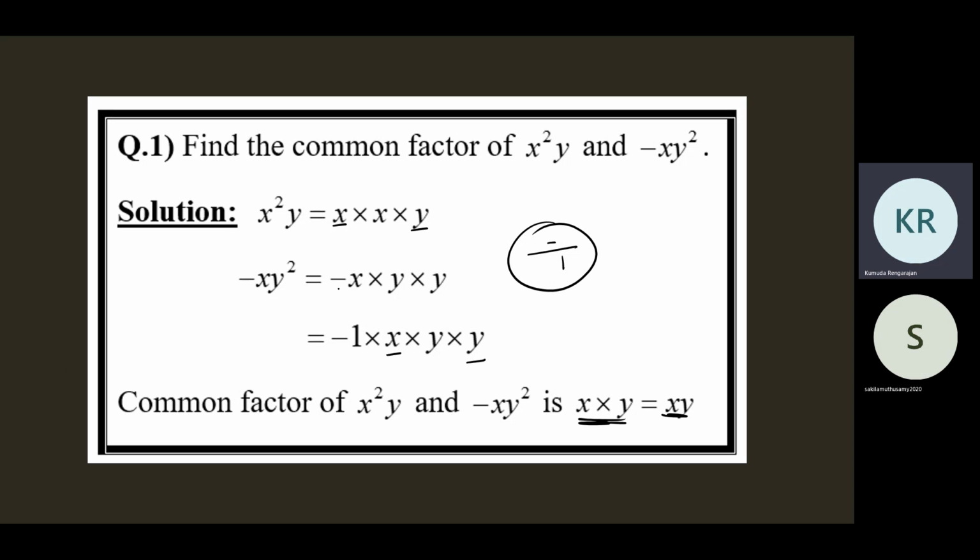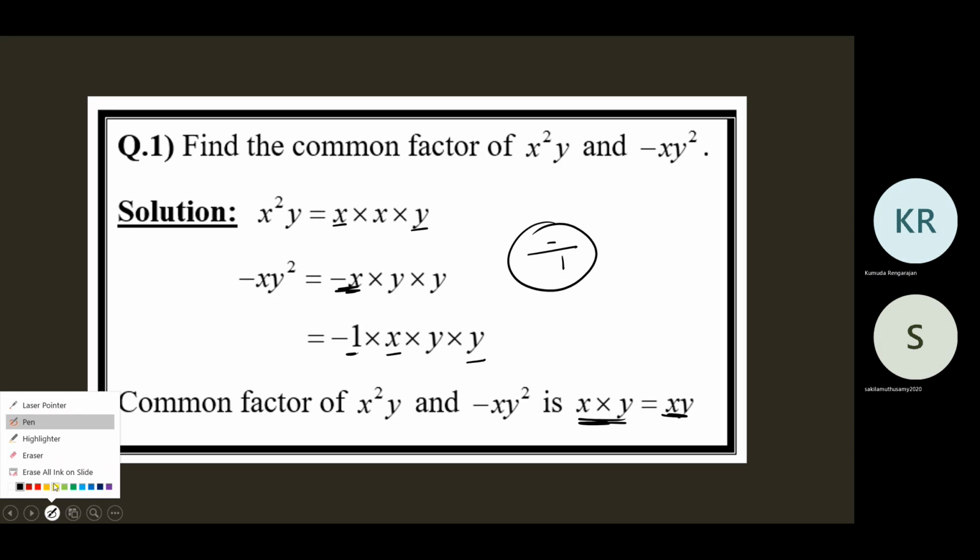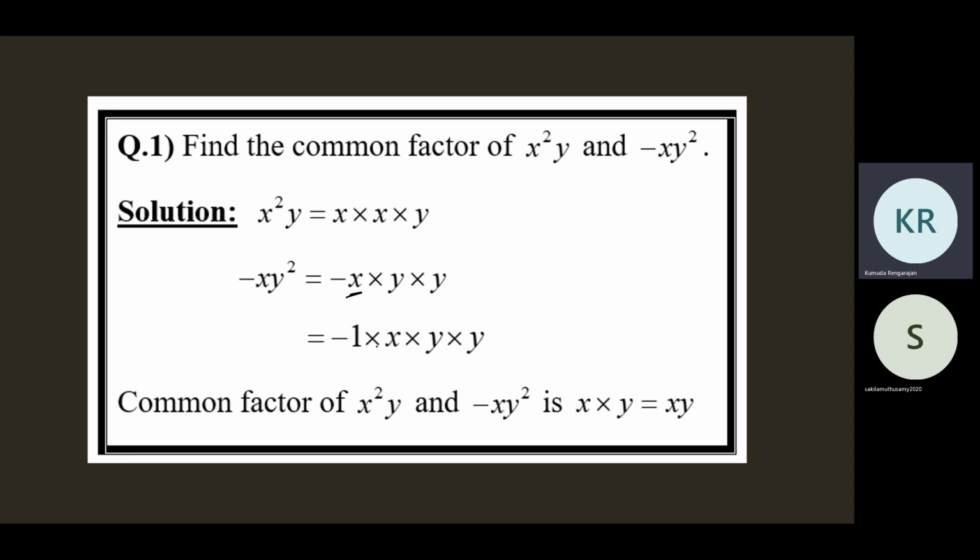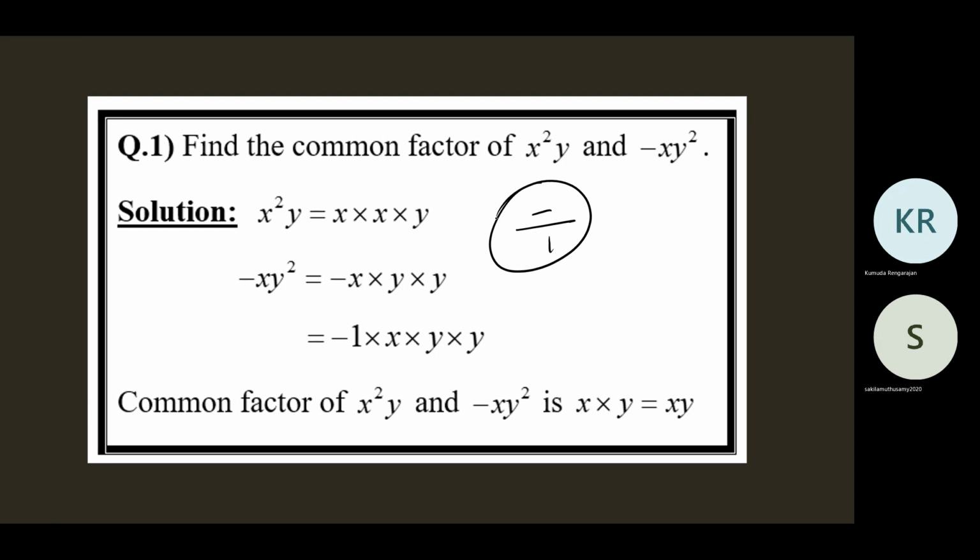That's what you can see here. You should write minus x(y minus 1) into x. So x is common and y is also common. So xy is the common factor. All right. Yes, ma'am. So you don't get marks for this.